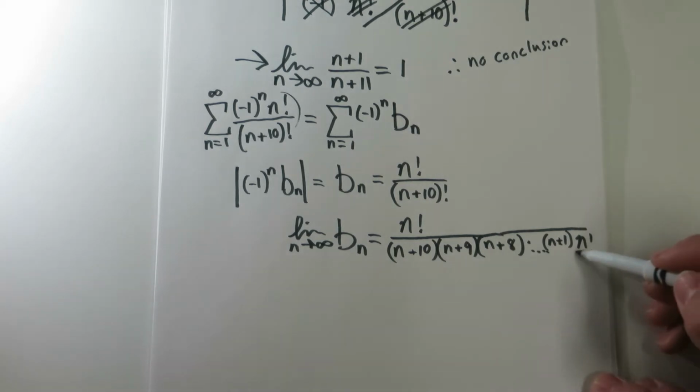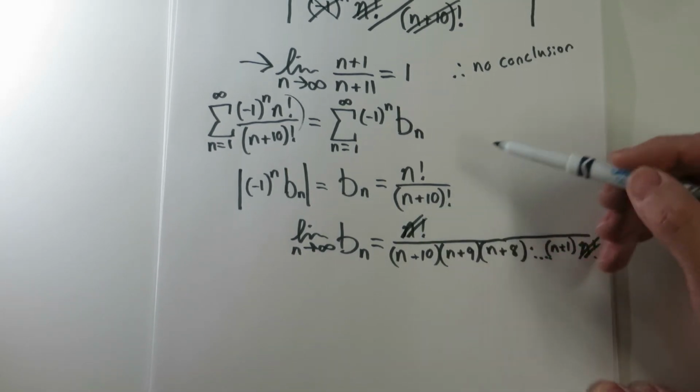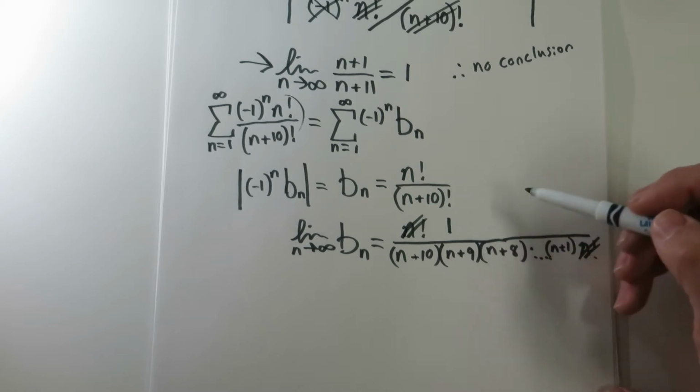And our n factorials here are going to cancel out. You're just going to have a 1 up here.